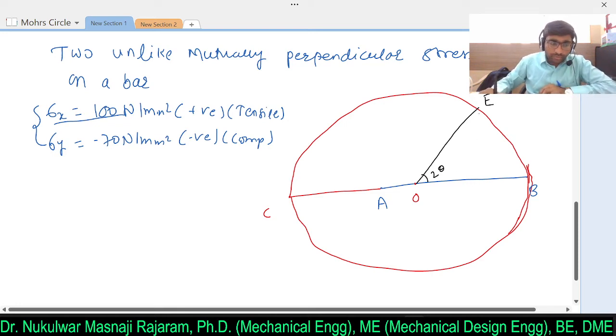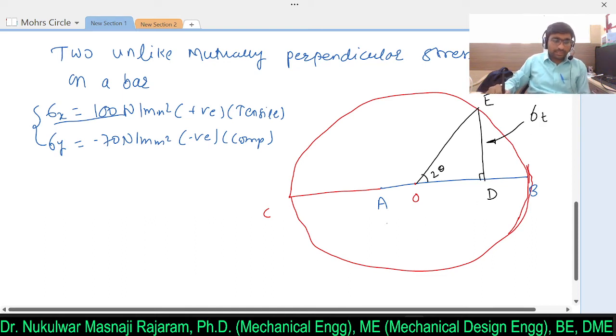If you drop a perpendicular from E, clear? Then here I will get the point D. So this ED will give you the tangential shear stress. If you measure this length and multiply by scale, that will be the tangential shear stress. And this AD, if you measure, will give you the normal stress.